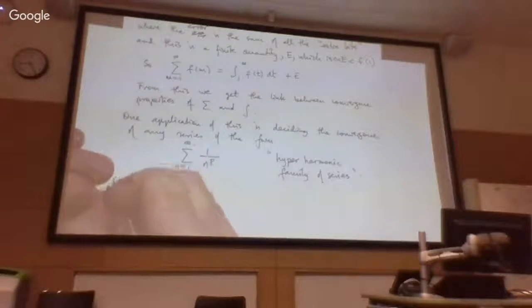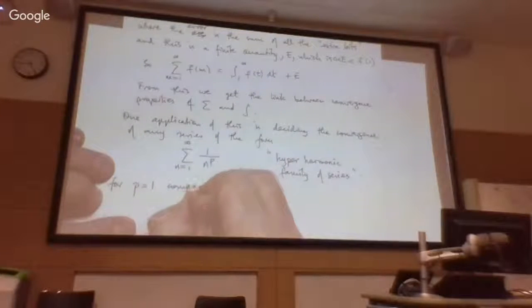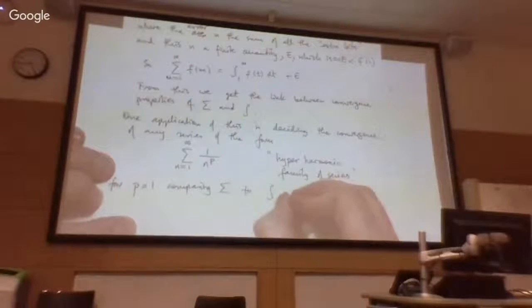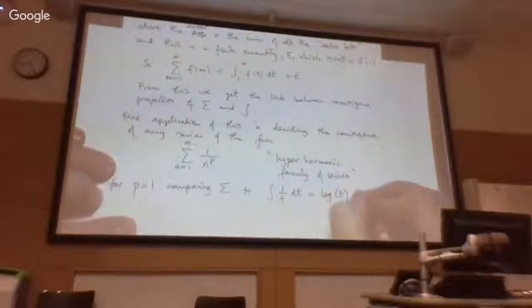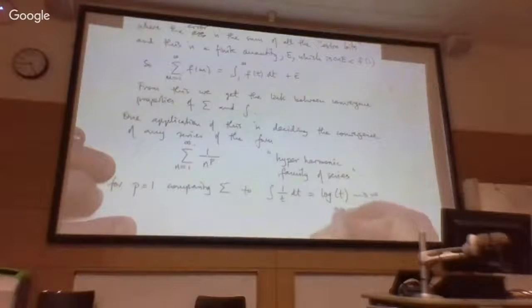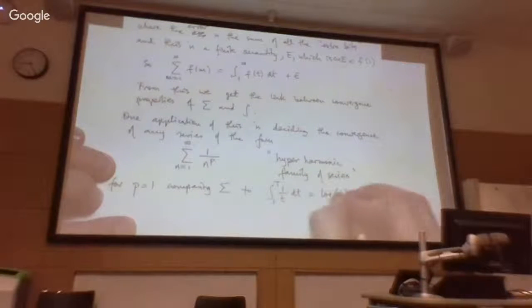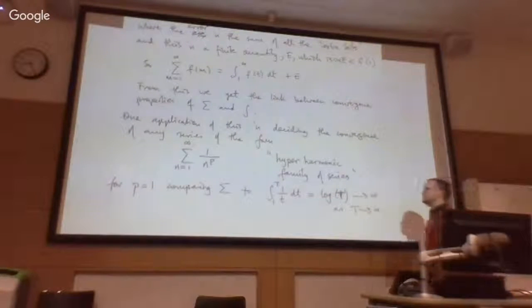So for p equals 1, we're comparing the behavior of the series to the integral of 1 over t dt, which we all know to be the logarithm of t, which goes to infinity as t goes to infinity.